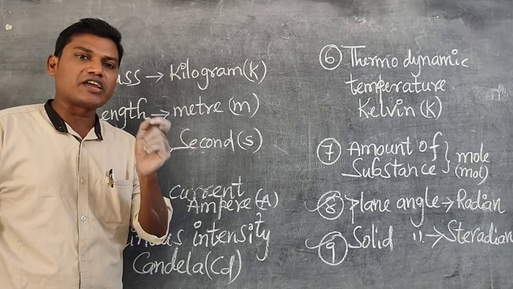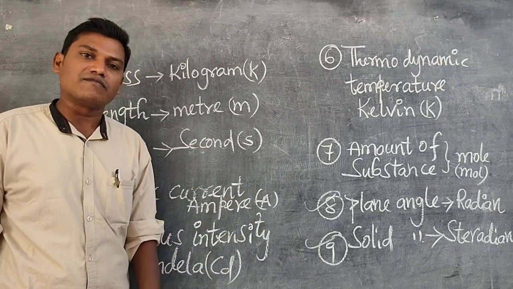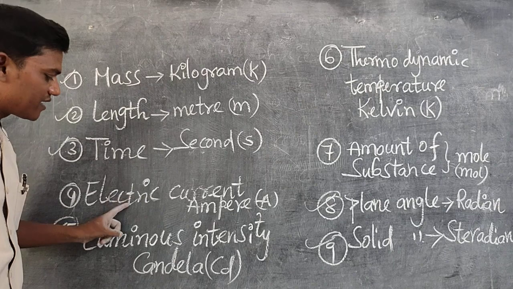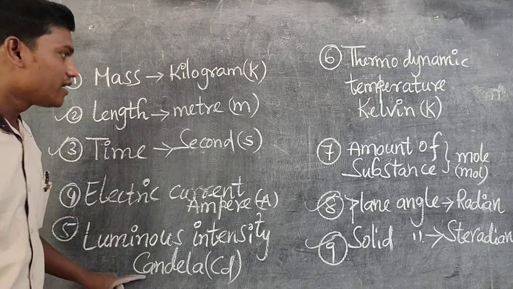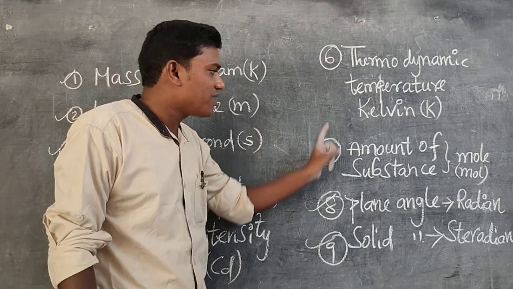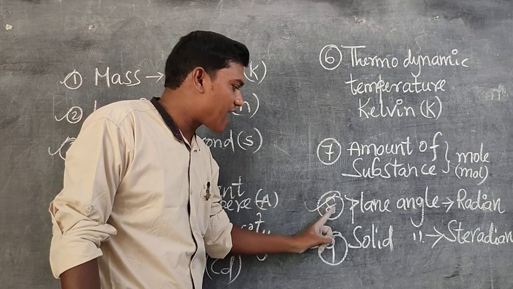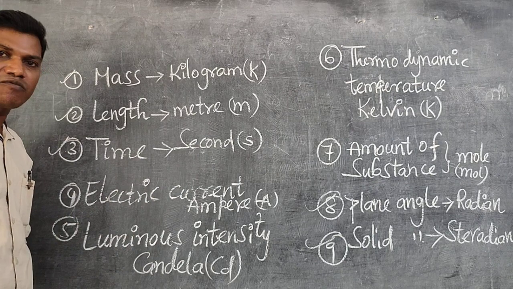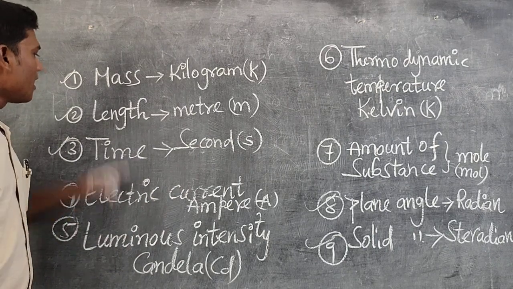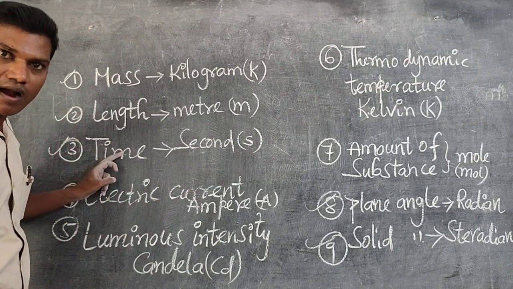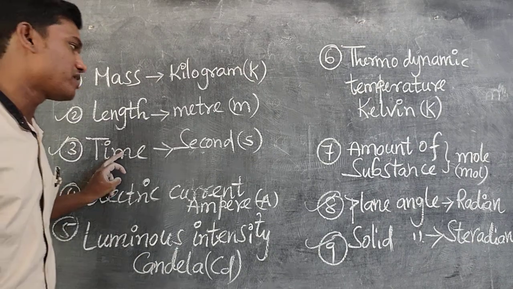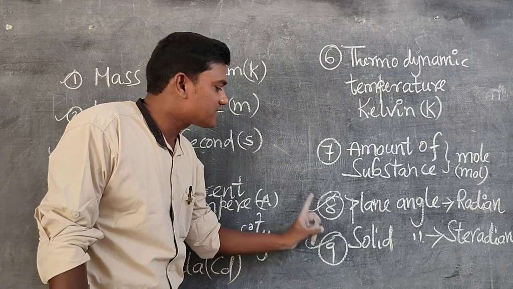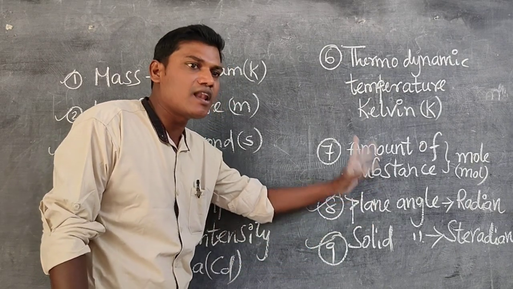Mainly 9: mass, length, time, electric current, luminous intensity, thermodynamic temperature, amount of substance, plane angle and solid angle. Among these 9, mass, length, time are called primary or basic fundamental quantities. Plane angle and solid angle are called supplementary fundamental physical quantities.